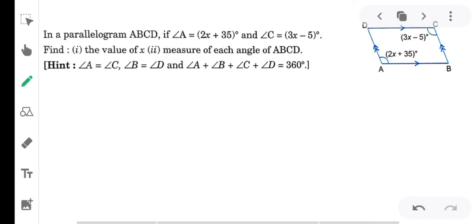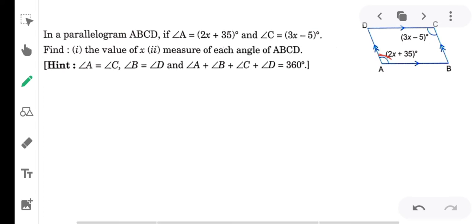Next, in a parallelogram ABCD, if angle A equals 2x plus 35 degrees, and angle C equals 3x minus 5. Angle A is given and angle C is given.